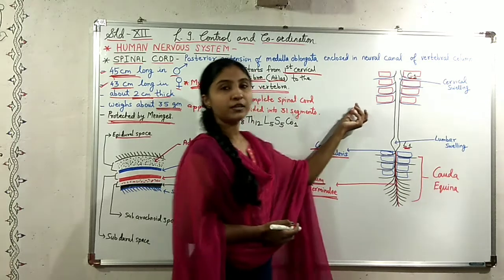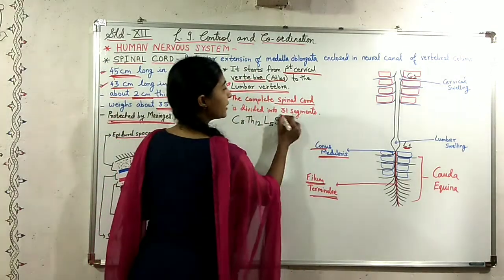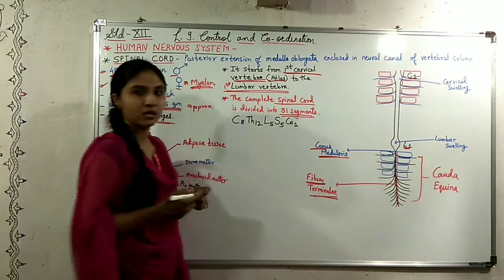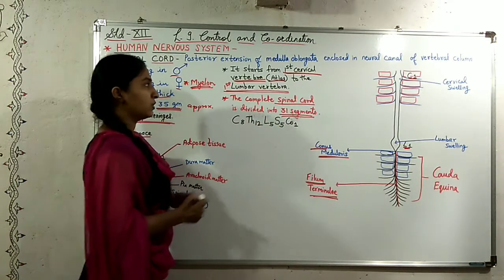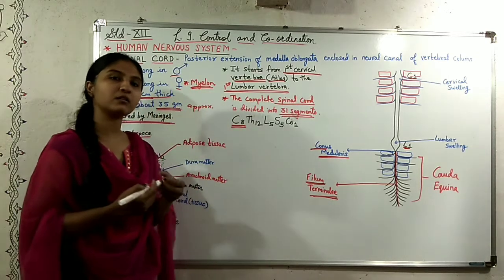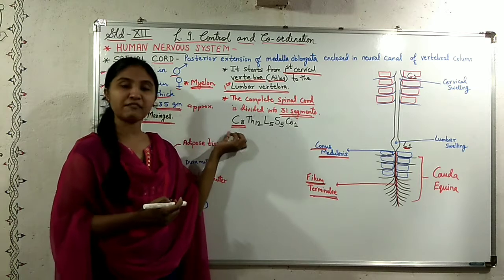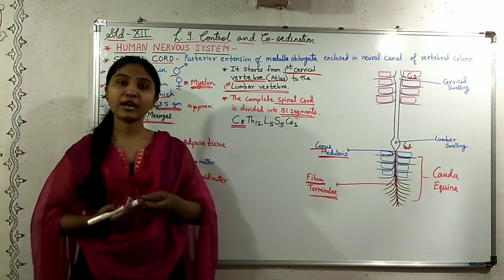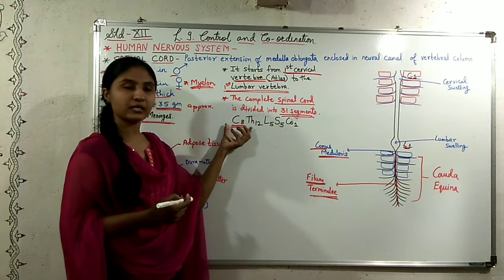Now the complete spinal cord is divided into 31 segments. There are 7 cervical segments, but from these 7 cervical segments there are 8 nerves passing, so here we write cervical 8.